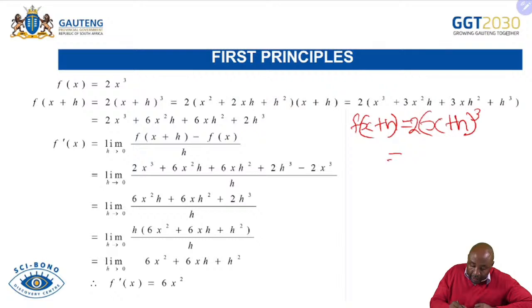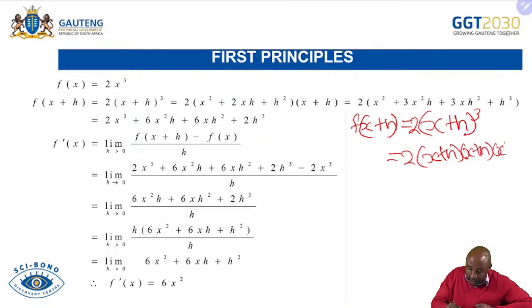And we know that this is the same as saying 2 into x plus h, x plus h, x plus h. Then you take two brackets at a time to help you simplify this. Otherwise, it can give you a headache if you try to do it without following our ways of simplifying algebraic expression.